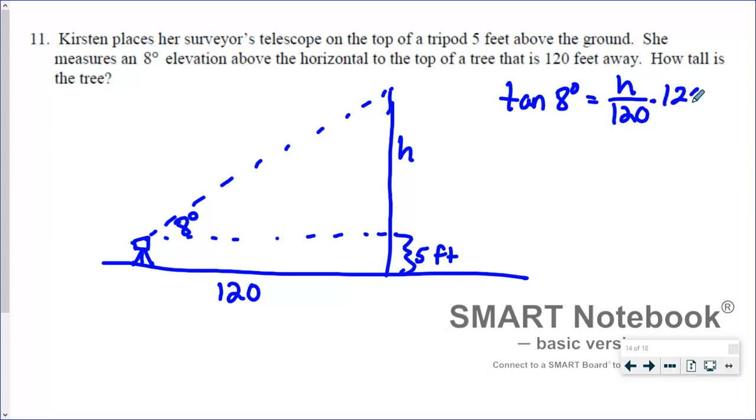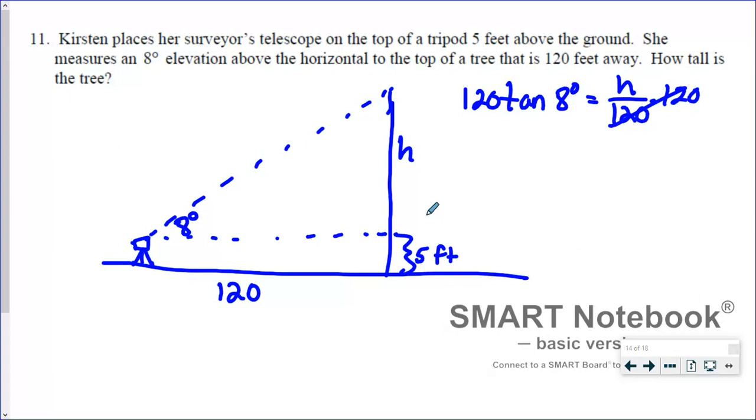So I multiply both sides by 120. So 120 tan of 8 degrees. Seems very, very small, but okay. 120 times tan of 8.